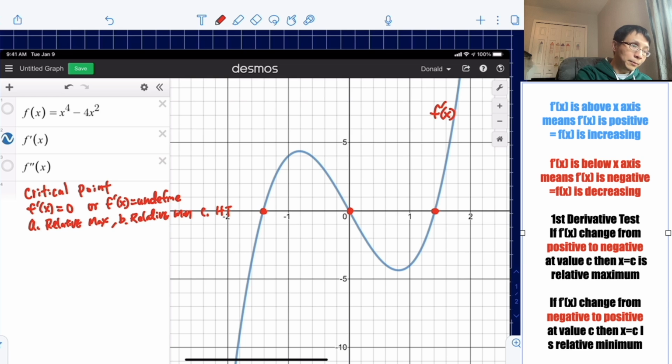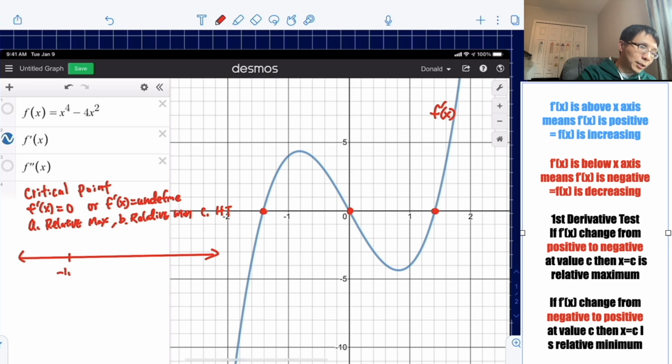So roughly x equals negative 1.4 is when f prime of x equals 0, so we're going to write down 1.4. I can evaluate to show you where 1.4 happens. At first, it's going to be negative 1.4, 0, and 1.4.